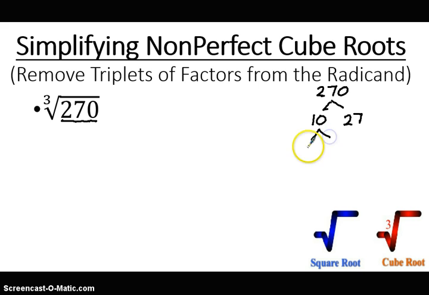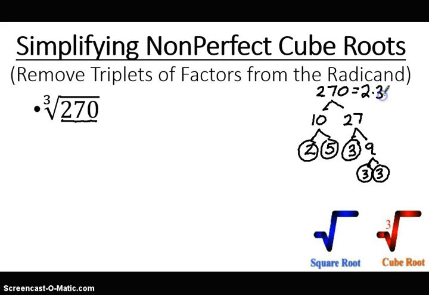Now 10 is the same as 2 times 5, both of which are prime. 27 is 3 times 9. 3 is prime, 9 is not. 9 is the same as 3 times 3. So if we wrote our prime factorization, we would say 2 times 3 times 3 times 3, and there you see the triplet of factors, times 5.